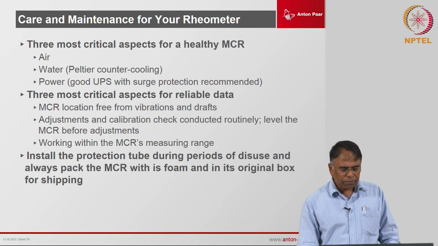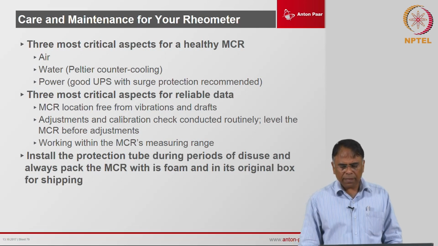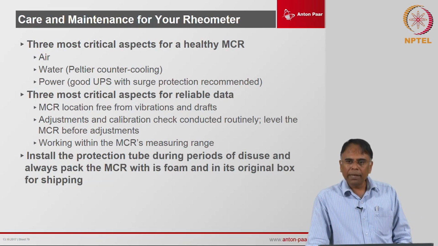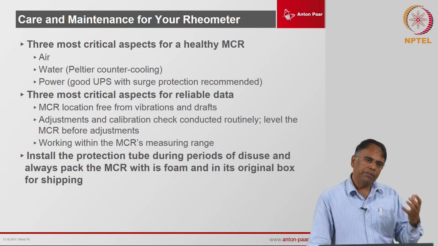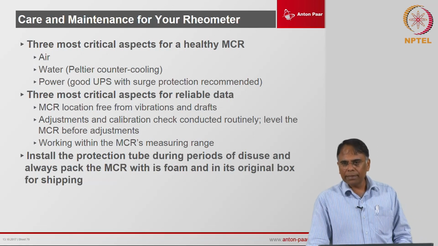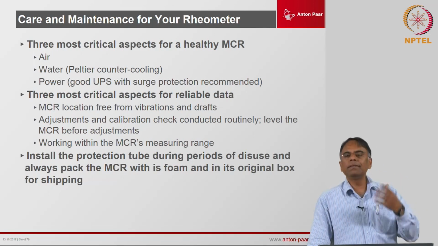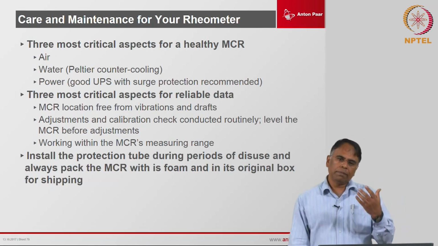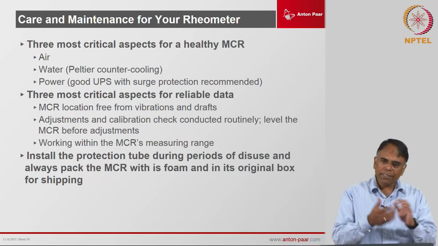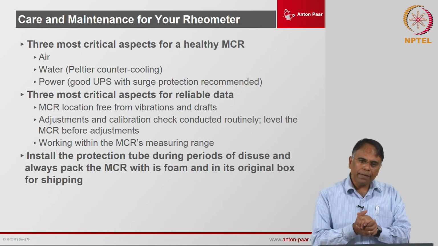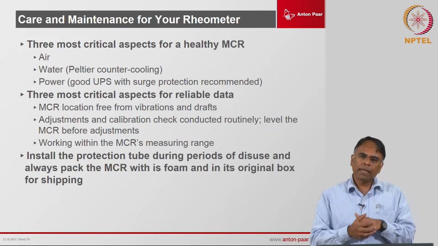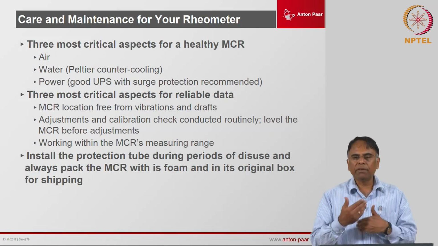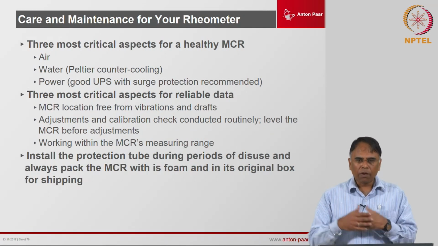And then of course, other things which are important to look at: you are supplying air to these air bearings of the rheometers. So, the dryers of these air bearings are important. So, just keep on watching these dryers. Most of these dryers will have a color change as they get deteriorated. So, you should replace them; the filters in these dryers can be replaced once in a year or once in 2 years.